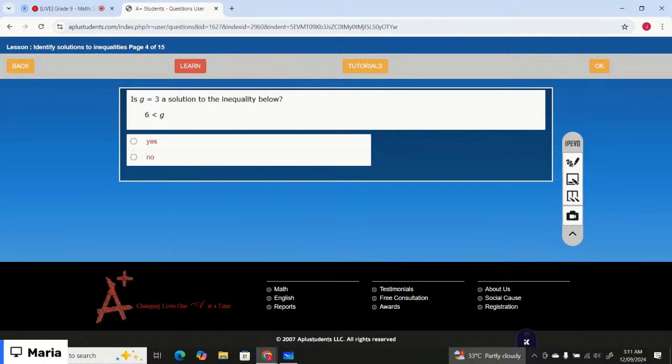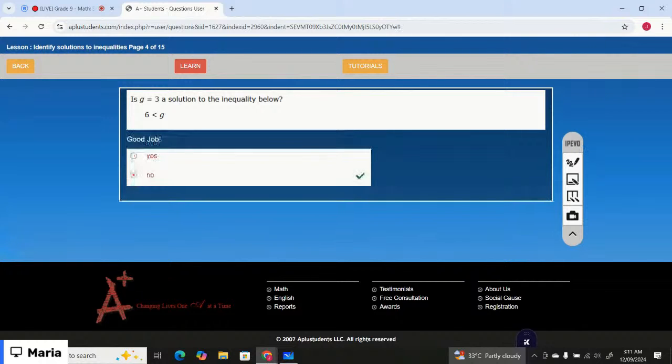The correct option is no. 6 is not less than 3, so g equals 3 is not the solution. So the correct option is no. Very good.